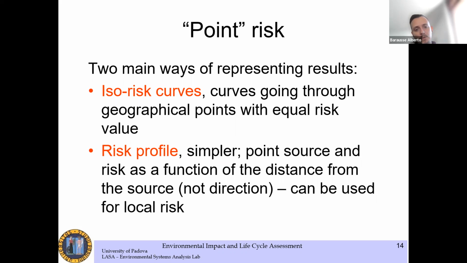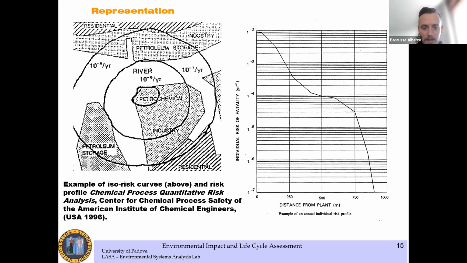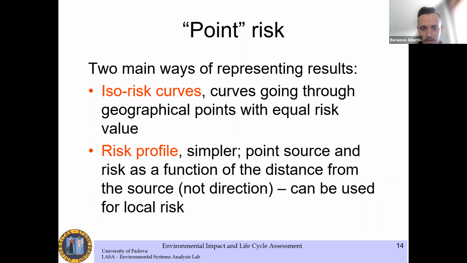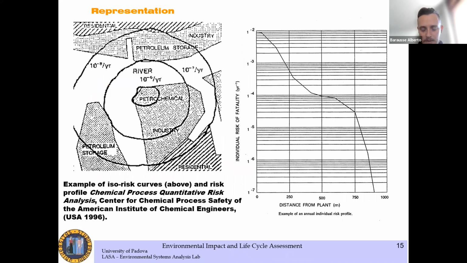And you could visualize risk, for example, in reports through ISO curves or risk profiles. Plots are very clear in regards to this. The one on the right is the risk profile.